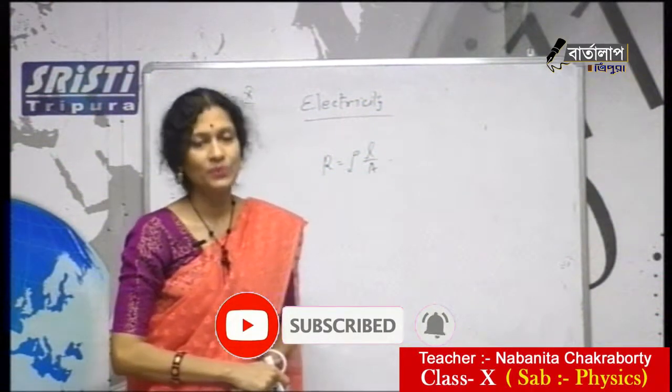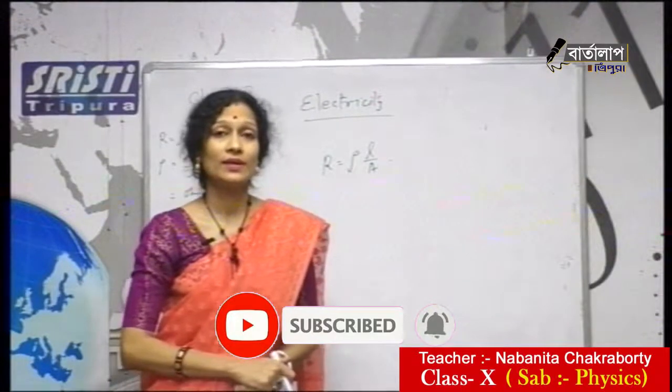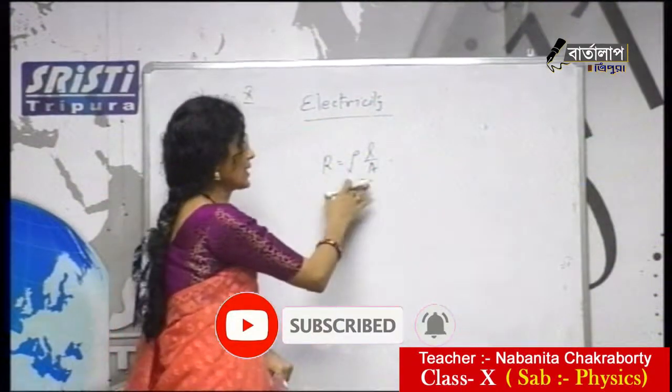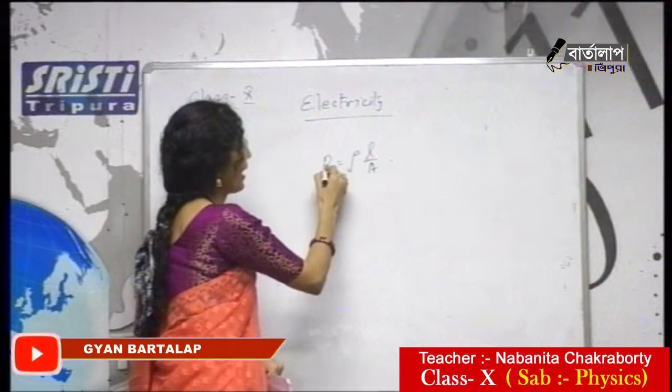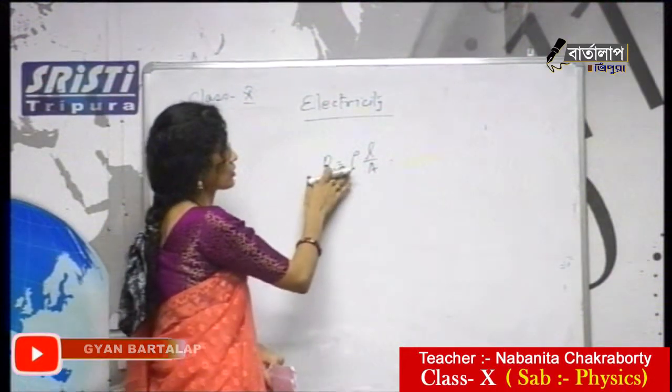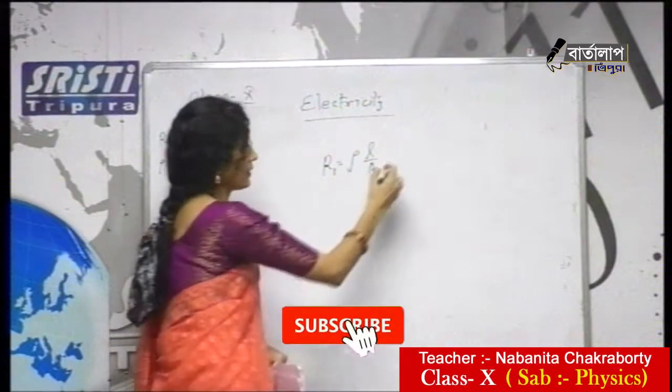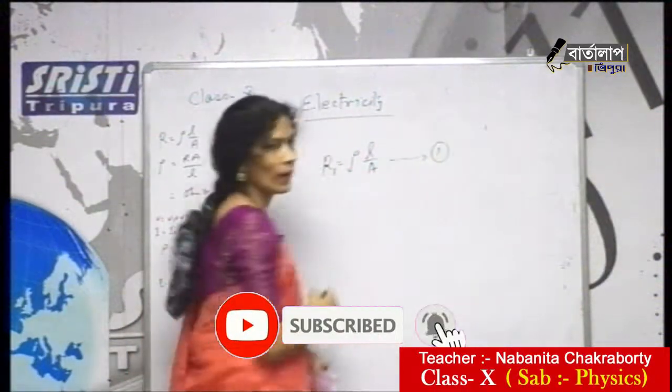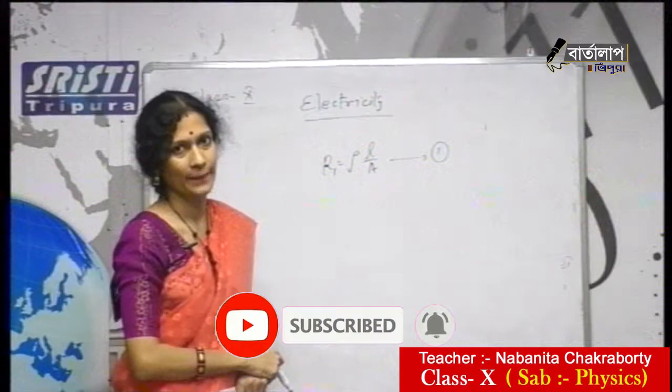In that numerical example, it is given that in the first case the length is L and the area is A, so we can write R1 equals rho into L by A. I am giving number 1 to that equation.